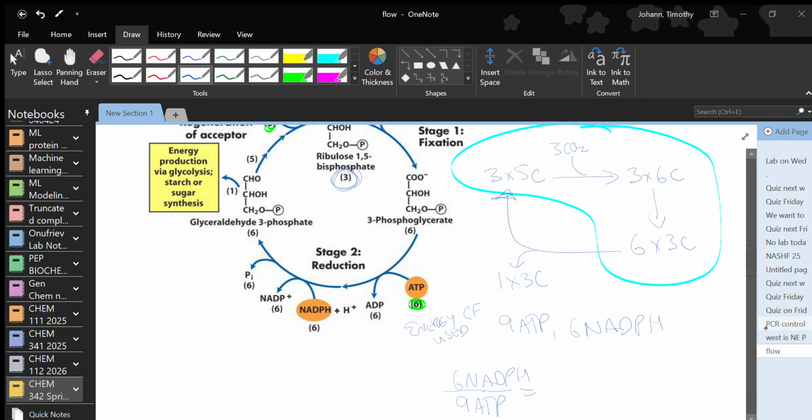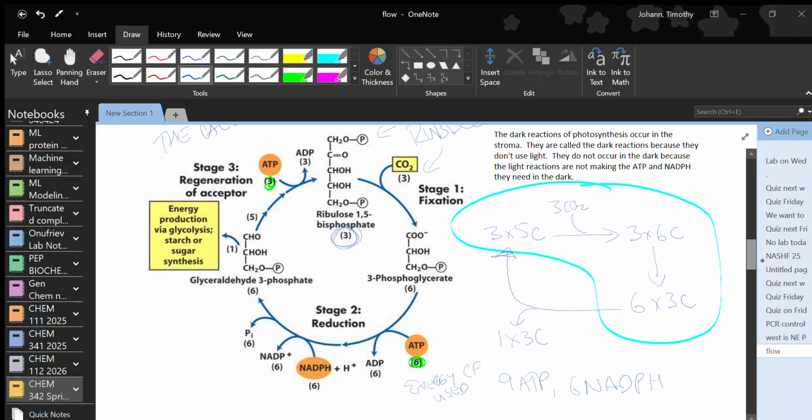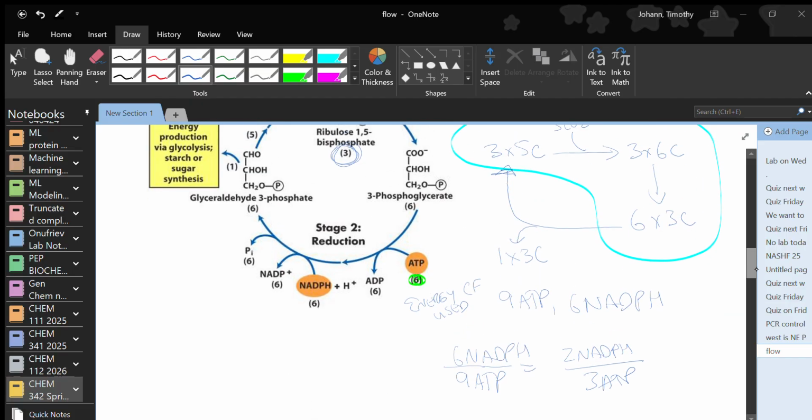How many did we make when we did one of those runs for the light reactions? 2 and 3, right? So 2 NADPH and 3, oh, I'm sorry, yeah, no, 3 ATP. See, those are the same? So we're getting these things off of the light reactions, ATP and NADPH, in the ratios we need for the dark reactions.